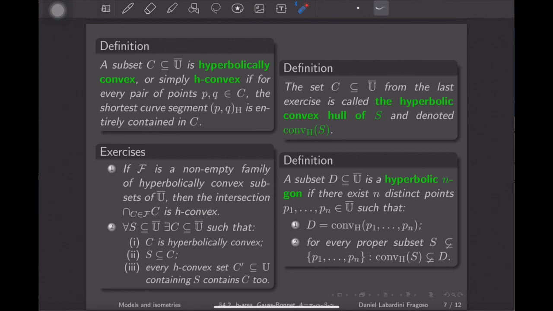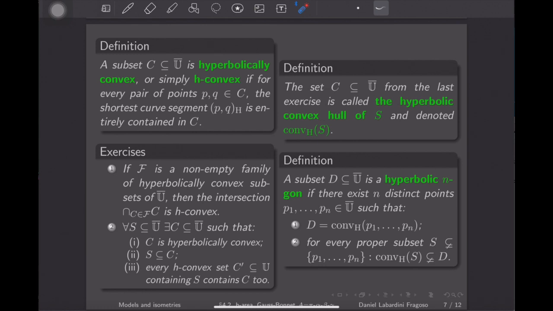That's very easy. Something to think about is why I assert this over non-empty families. What happens if I take the empty family? But this requirement of non-emptiness is just a formality.